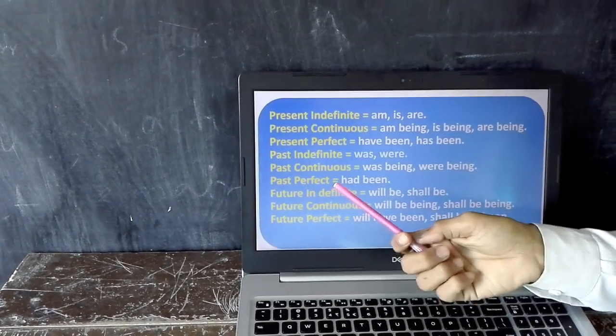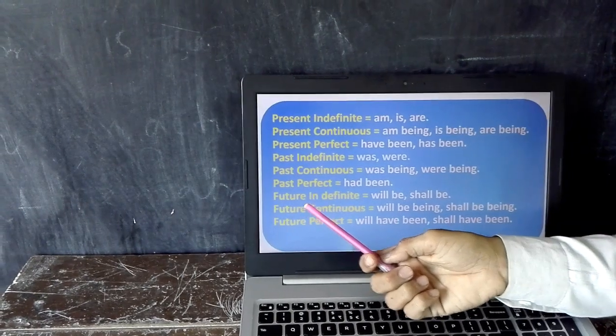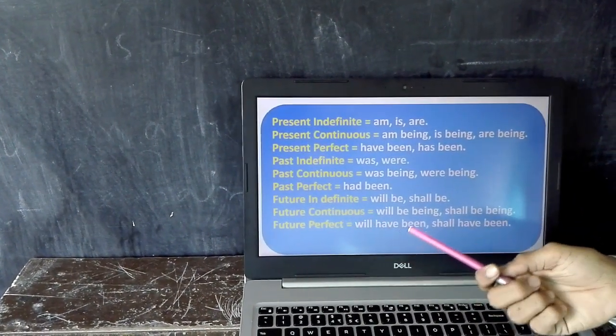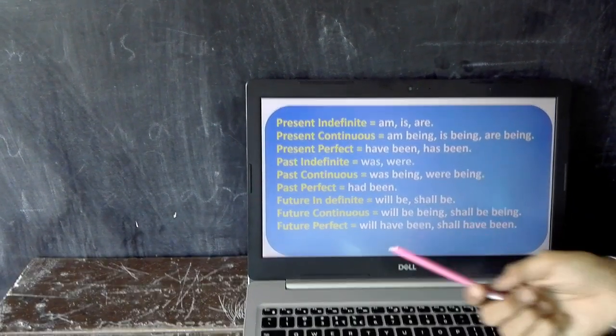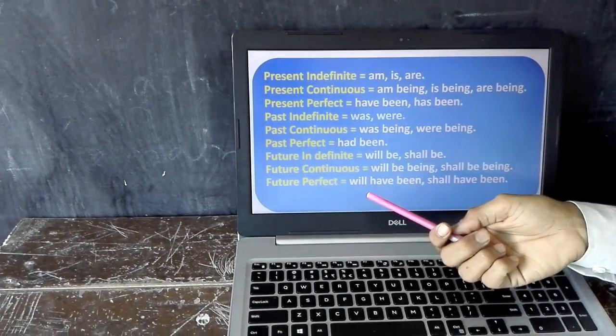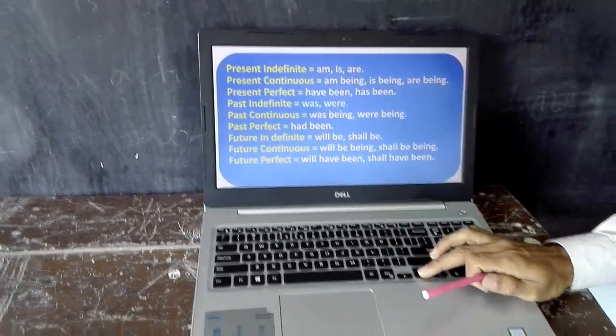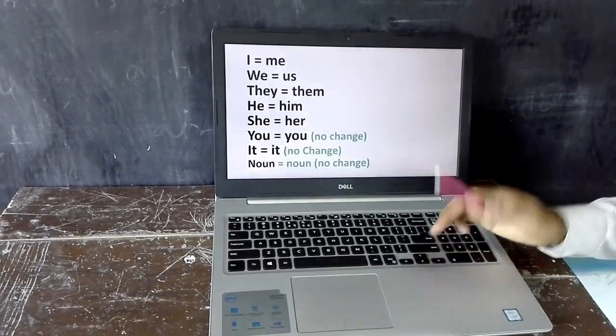And for past perfect tense, had been. For future indefinite tense, will be, shall be. For future continuous tense, will be being, shall be being. For future perfect, will have been, shall have been. Let's see.